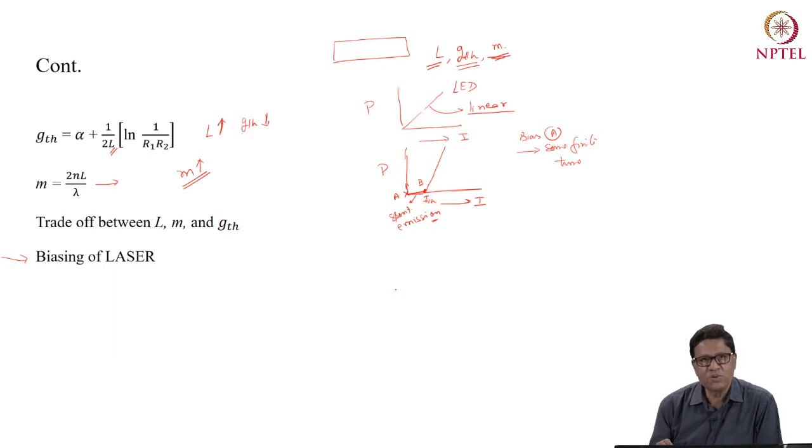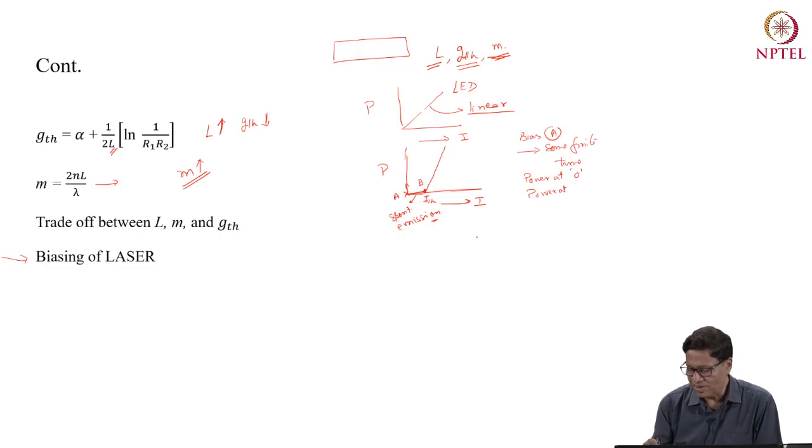Although you get a good extinction ratio, in the sense of power when there is no emission, say at 0, and power at 1.